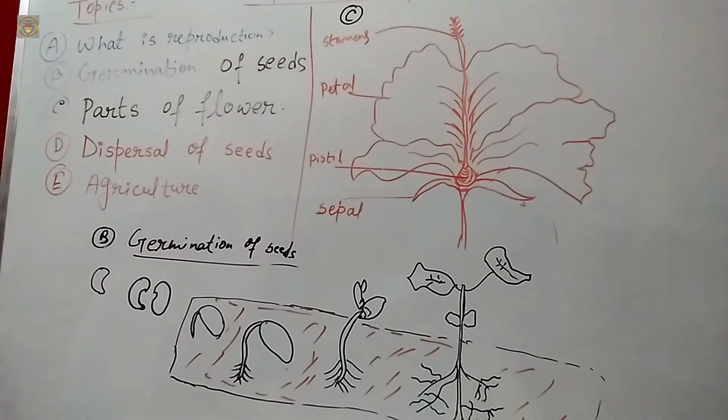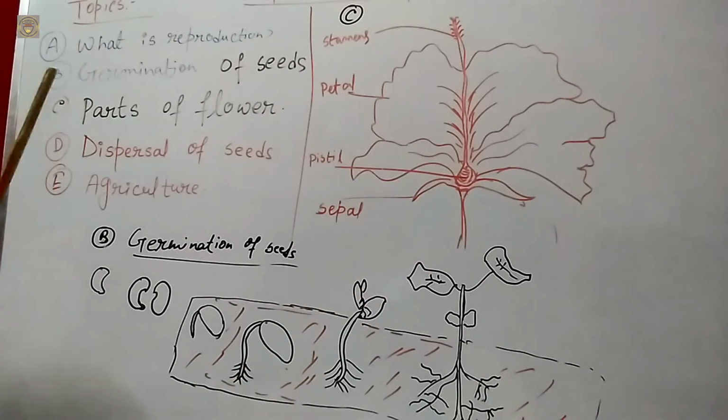Once the flower blooms, the sepal can be seen at its base as the outermost part of the flower. So when the flower has not bloomed, sepal protects the flower, and it is structured like a green leaf. When the flower blooms, it can be seen at the base of the flower.